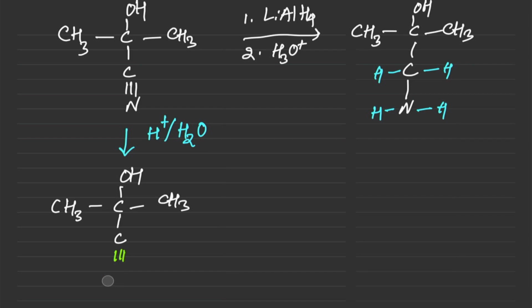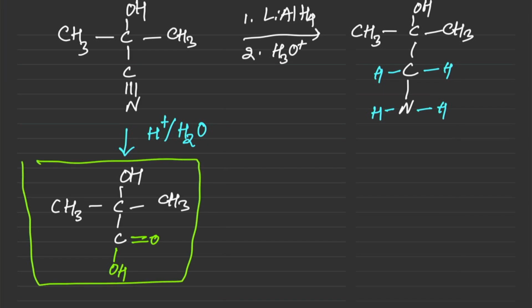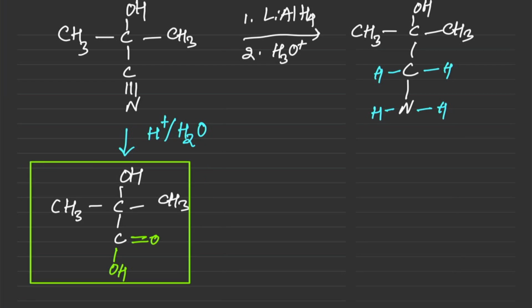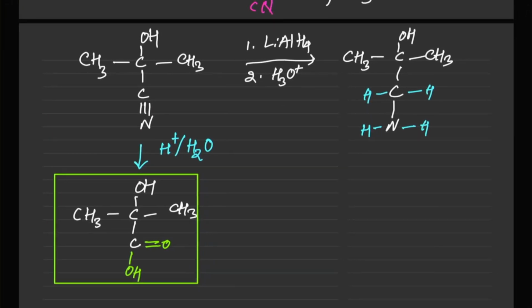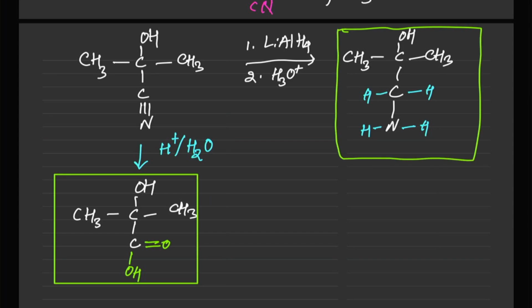Now all of these bonds will be gone and it's going to be hydrolyzed to make a carboxylic acid. So again, these reactions are important in the scheme of multi-step synthesis, with mechanisms we will talk about in future chapters, but just know that these reactions exist.